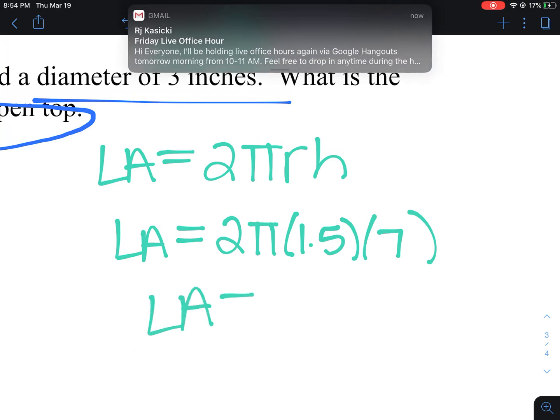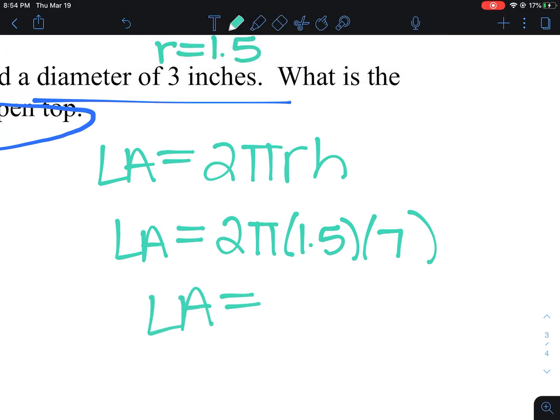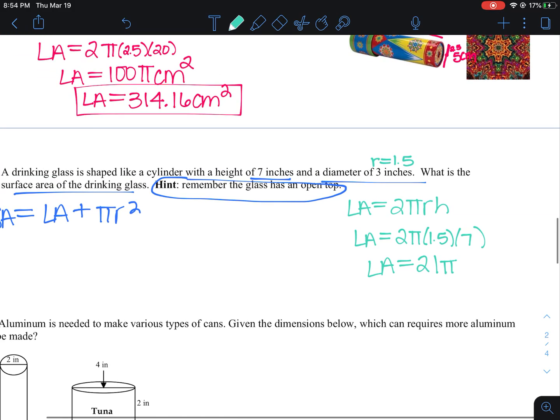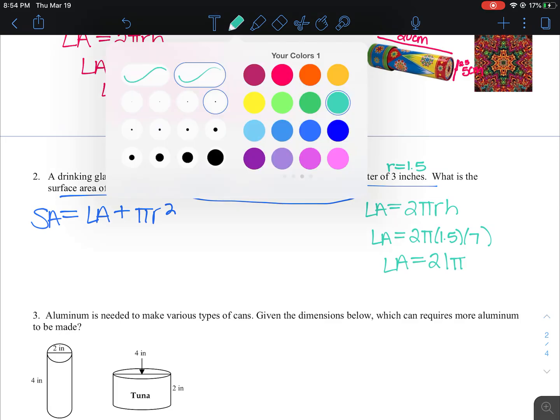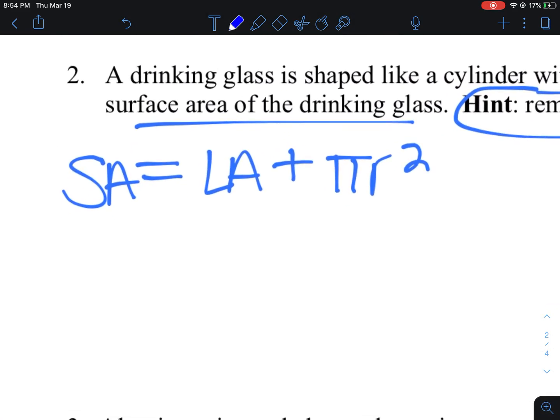So when you do 1.5 times 7 and multiply that by 2, 21 pi. Okay. So that's our lateral area. So we need that to plug in to find surface area. So let's do that.